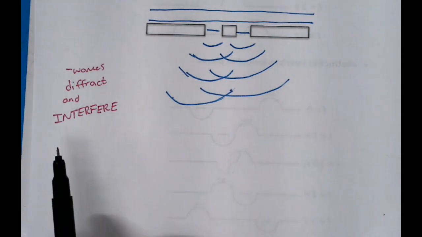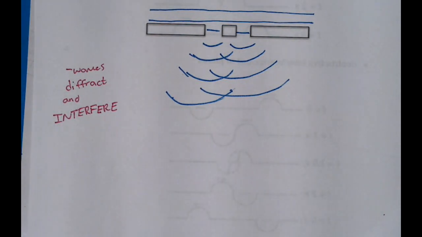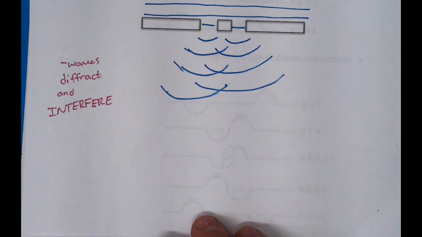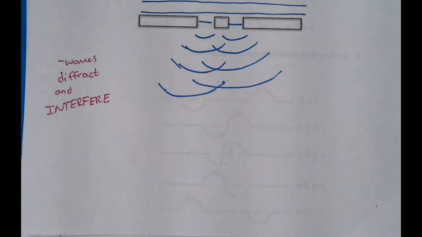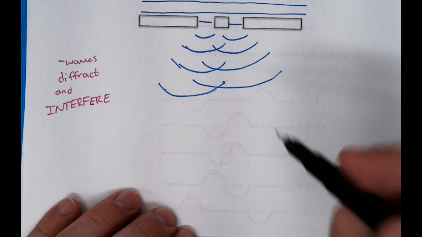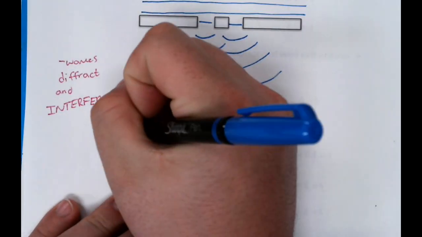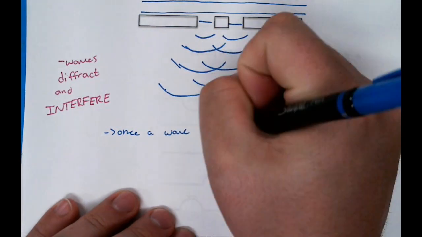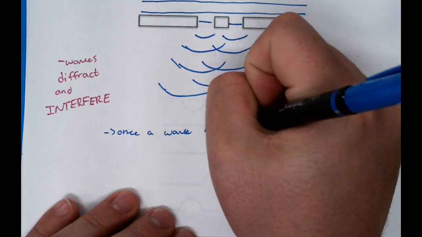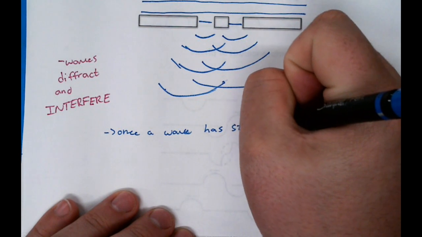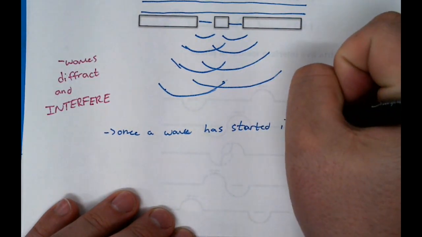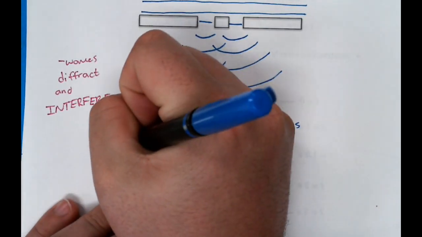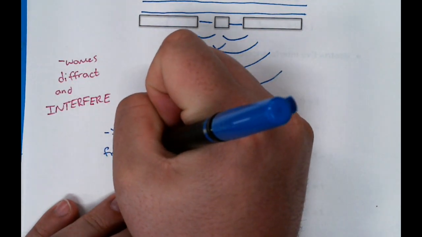So we'll talk more about what interference is, but let's make a few more notes here on diffraction. Once a wave has started, its frequency remains constant.